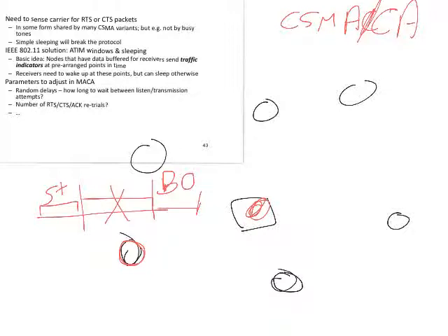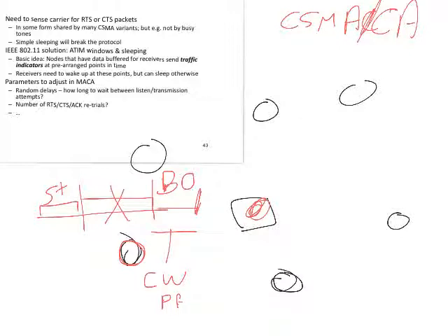So this back off uses three different parameters. One is the time slot. The other one is the contention window. And the third parameter is called the persistent factor.